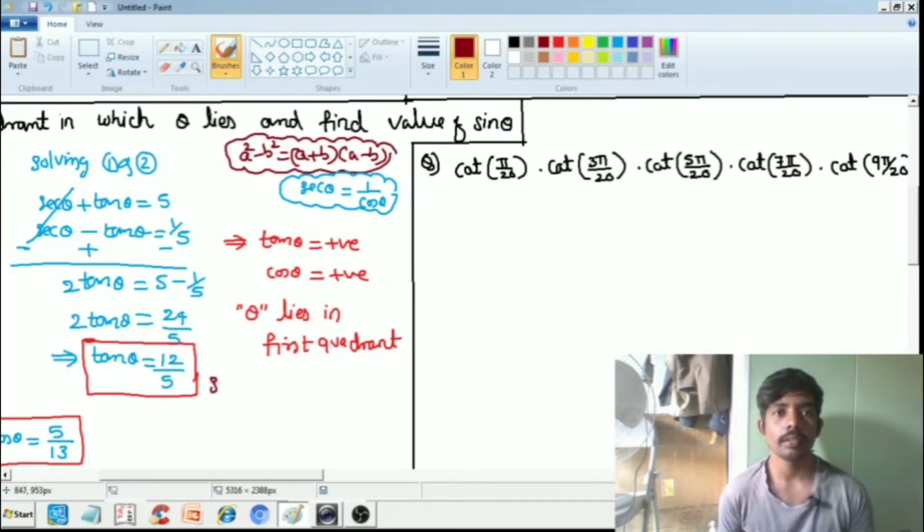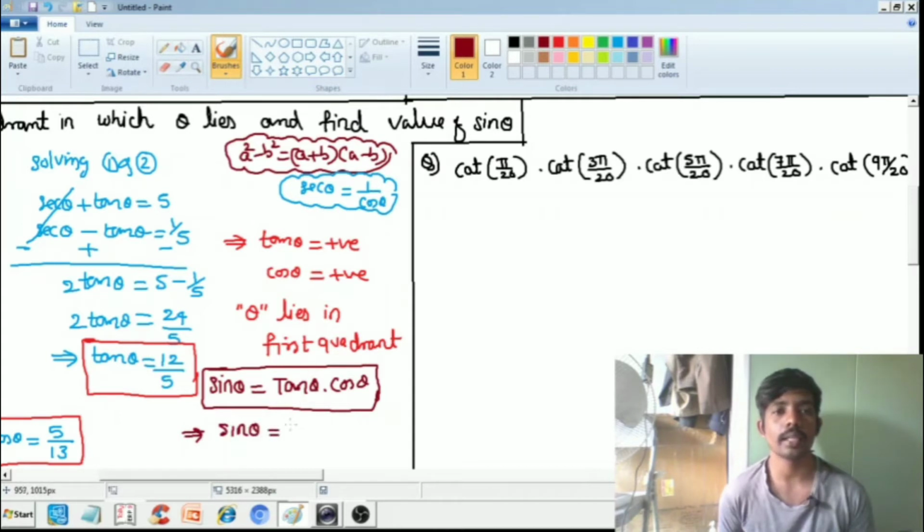And sin theta can be written as tan theta into cos theta, because tan theta is sin by cos, cos cancels, hence we get sin. So he asked to find sin theta. Sin theta is equal to tan theta, 12 by 5, into cos theta, 5 by 13.